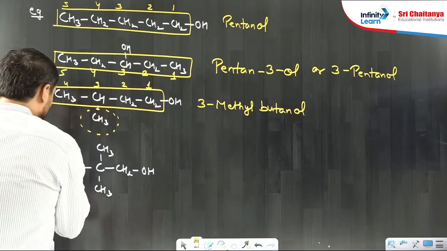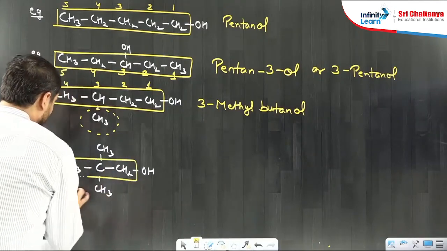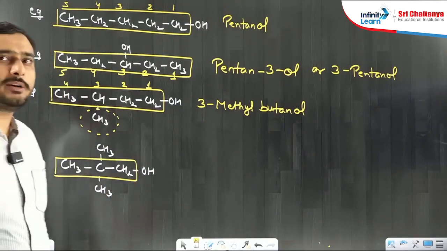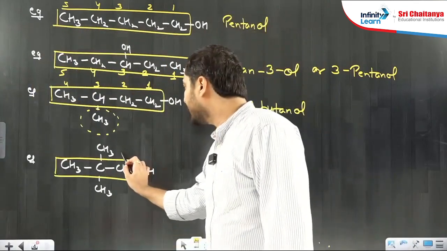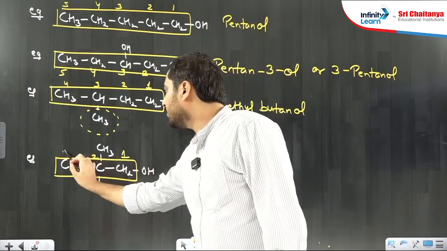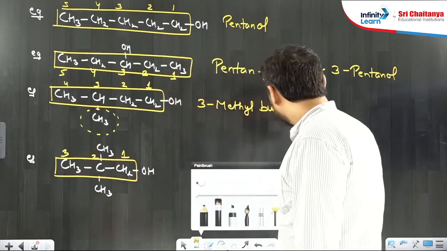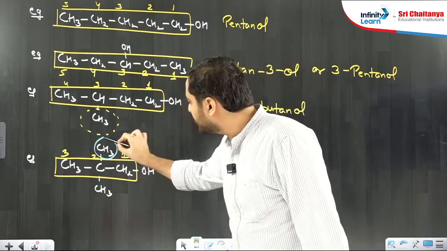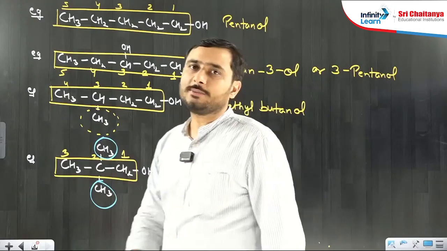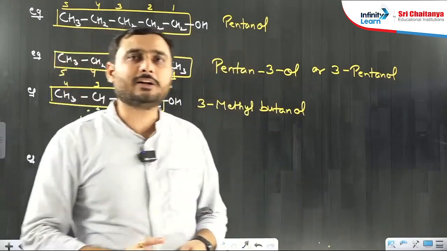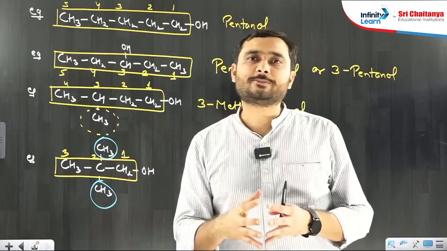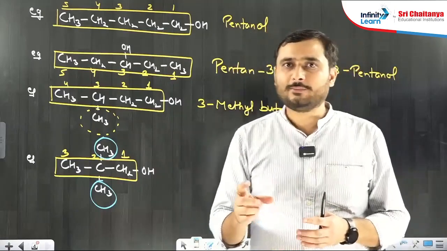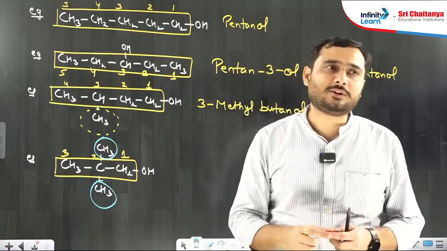Now the last one. This will be the length of the parent chain. How many carbon atoms are in the parent chain? 3 carbon atoms. Now if you write numbering 1, 2 and 3. Now students, if you check how many substituents are present, 2 substituents are present. Whenever 2 same substituents are present, to specify their number, some special prefixes are used. For example, if 2 same methyl groups are present, then what do we write?